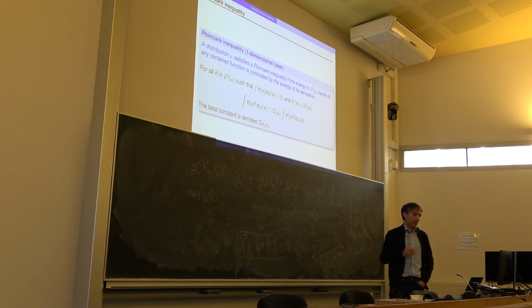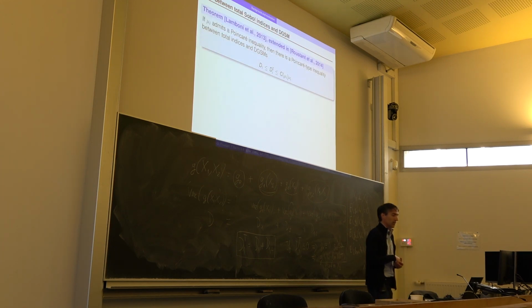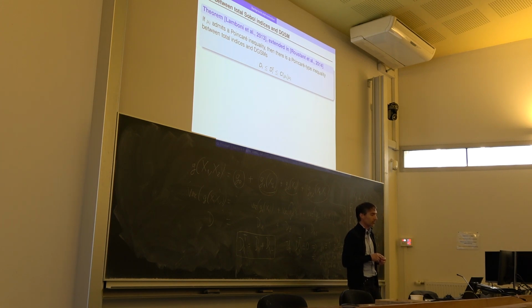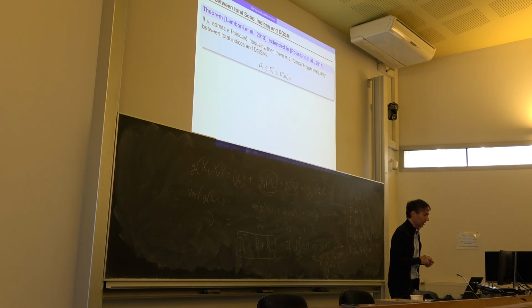And the left-hand side is the L2 norm, so it's a variance somewhere. So there should be a connection between the indices that we've introduced before and this inequality. And actually, indeed, we have this, which is not difficult to prove.